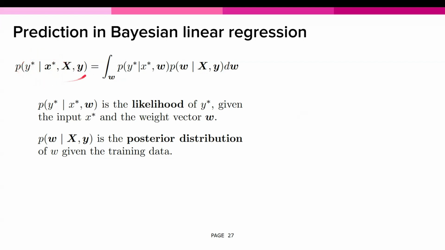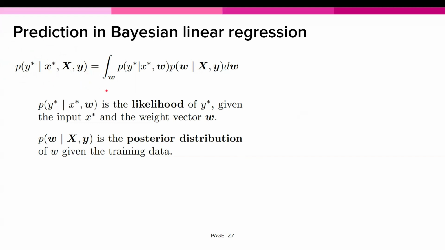And so this whole thing is going to output a scalar quantity on the real number line that corresponds to the probability of seeing a particular output given this particular new input.